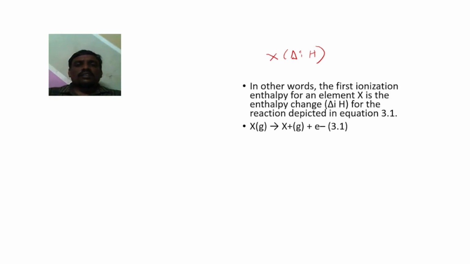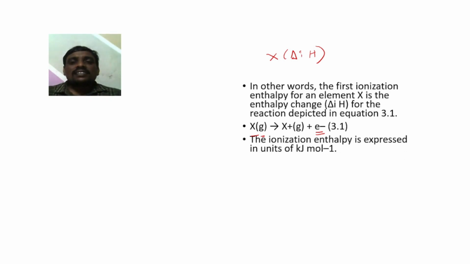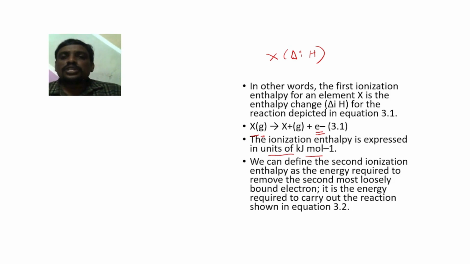You can see X in gaseous state gives rise to X plus in gaseous state plus an electron. Ionization enthalpy is expressed in units of kilojoule per mole, kJ mol inverse.